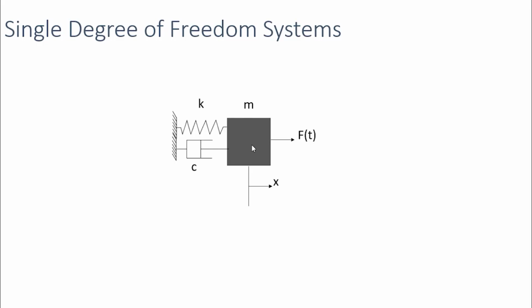So you can treat the mass of the tank as a concentrated mass, and the columns can be modeled as a spring. We can also assume some amount of damping in the system. So many real life structures can be simplified as a single degree of freedom system.